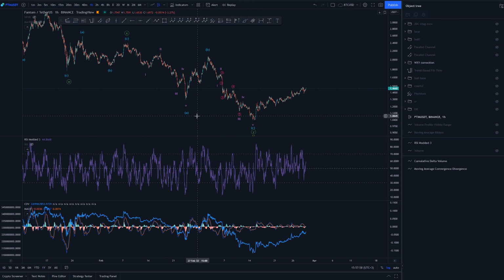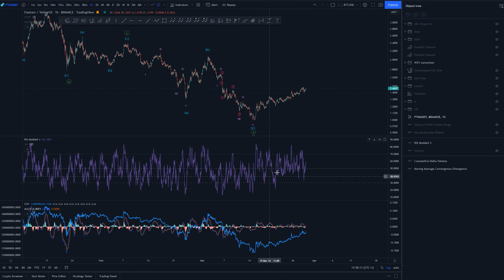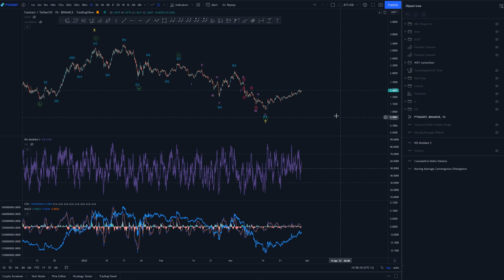Now there is of course divergence here between this low and this one, and as these are same degree lows, we can definitely compare these. So it was this one and this one. So there is divergence there, but it's quite a high time frame. So again, we shouldn't be looking for the immediate pump on a high time frame, as this was already basically happening.